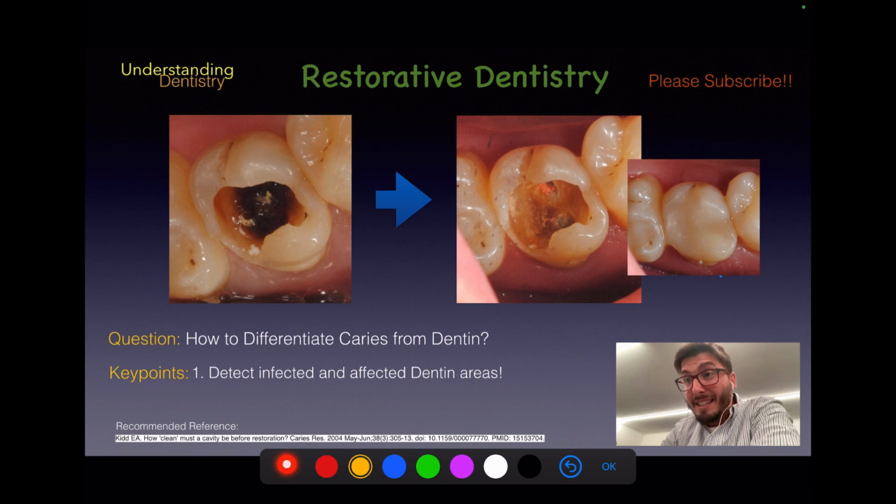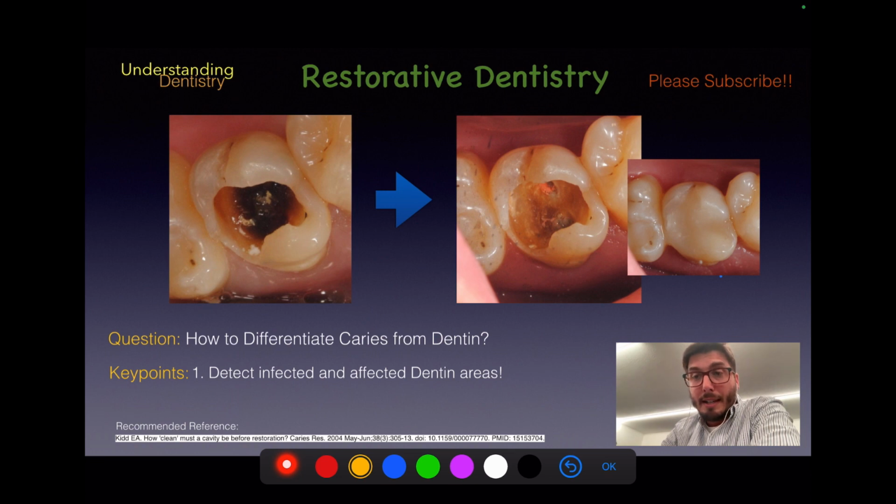However, the affected dentin is not so soft, it is a little bit firmer, okay? Not so hard as the healthy dentin, but a little bit firmer. And then we have the denatured collagen in a reversible state, okay? So this is very important for us to differentiate.